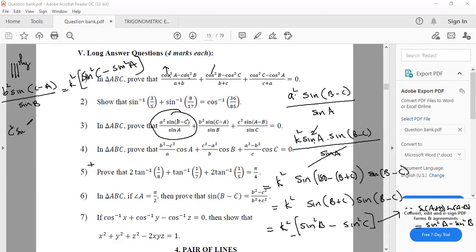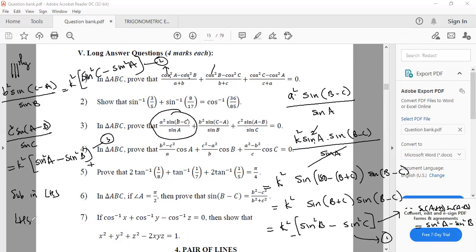C square into sin of A minus B upon sin C is K square into sin square A minus sin square B. Now equations 1, 2, 3. Substitute in LHS. So LHS will become 0.